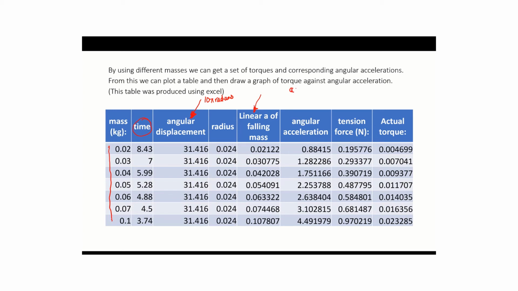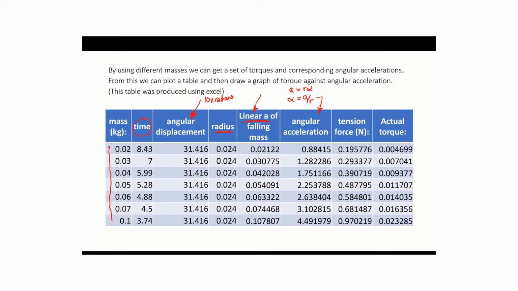From one of the earlier videos, we know that a equals r alpha, so alpha equals a divided by r. Now we've got a here, and we've got r here, so we can do that very easily, and we end up with these numbers here.